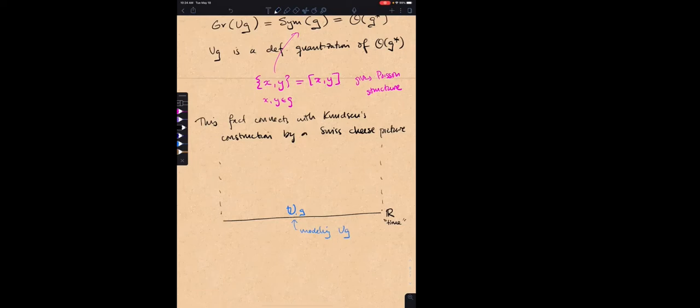But we can think about this copy of R as the boundary of an upper half space. And then we could ask, could we put an E2 algebra in the bulk up here so that we have this kind of Swiss cheese structure? So here's a pop quiz for everybody.